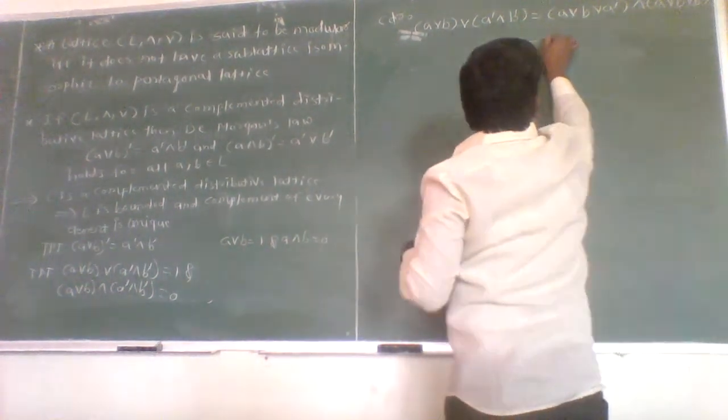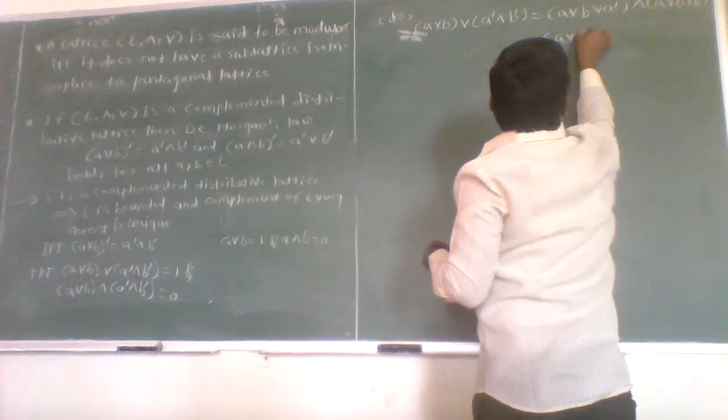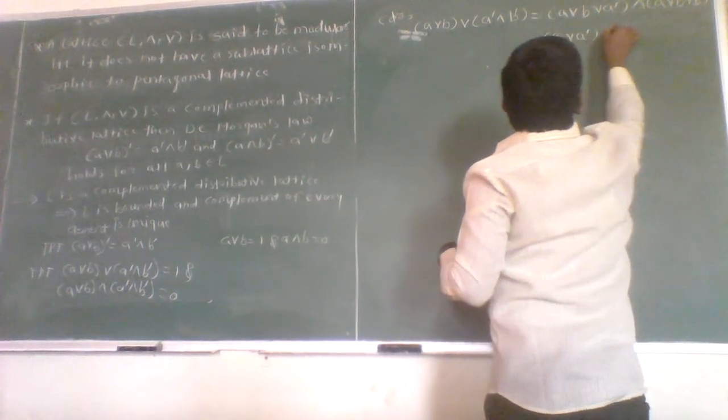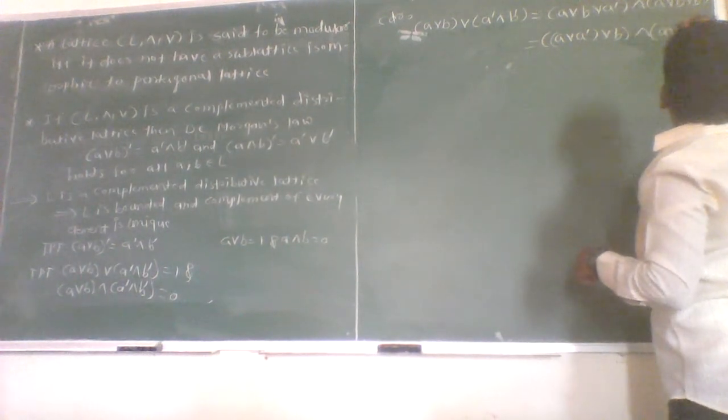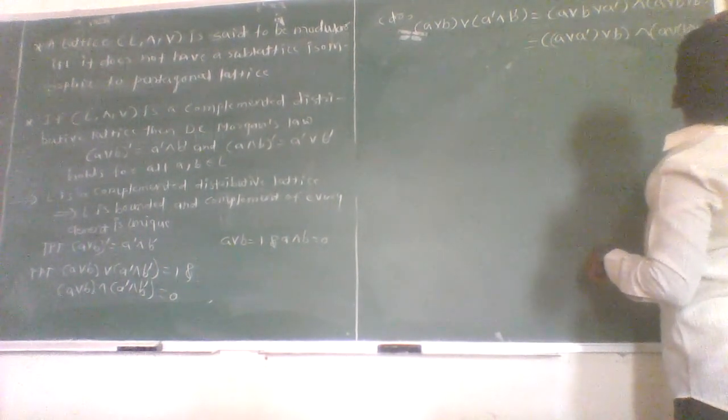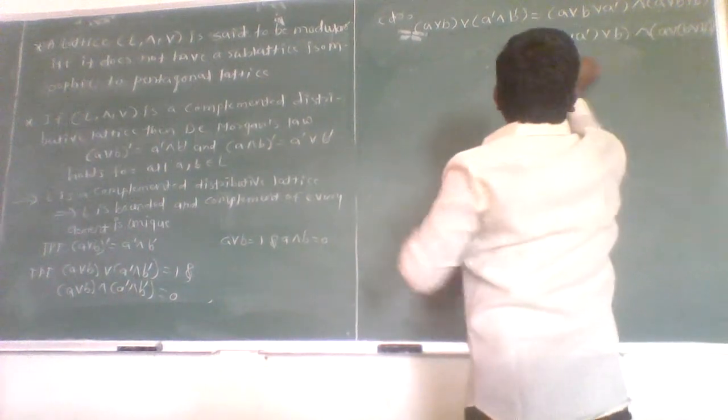So this one can be written as (A join A dash join B) meet (A join B join B dash). Okay, now this is the question.